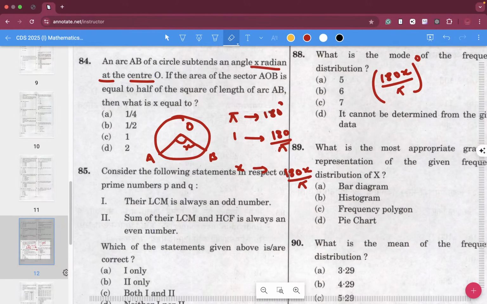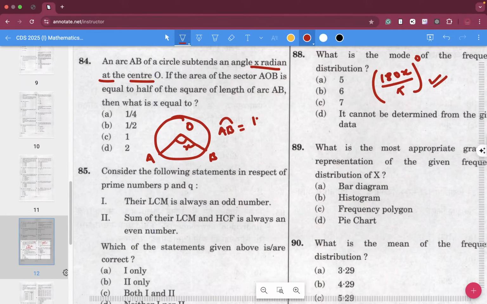So now we'll keep this observation sideways. The length of arc AB is equal to how much? Theta value is this much, 180 x by pi. So theta by 360 into 2 into pi into r.